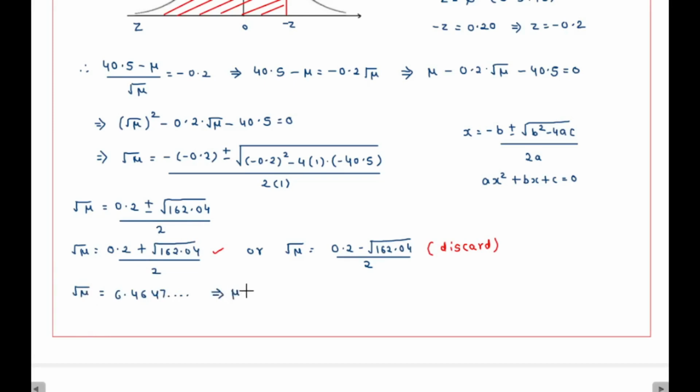So what will be the mu value? Mu will be equal to 41.7929 something something, which in turn I can say is nothing but 41.8 in 3SF.